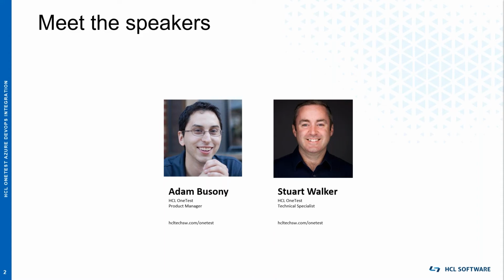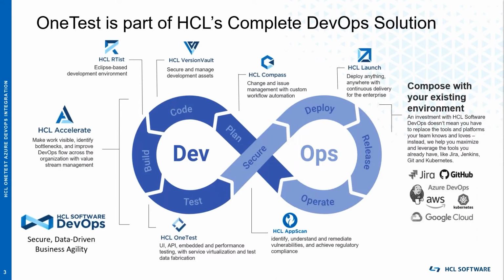So just as a brief overview, One Test is part of HCL's complete DevOps solution. We have a complete DevOps portfolio available for all your DevOps needs. Continuous integration, continuous deployment. If you have a need for it, we have something available for you in the space. If you haven't had a chance to check out our other products, I definitely recommend you take a look.